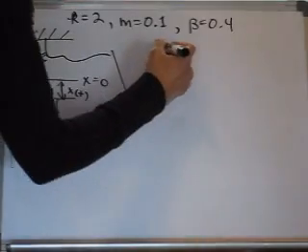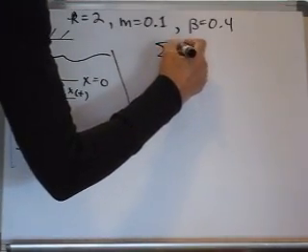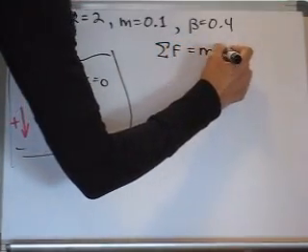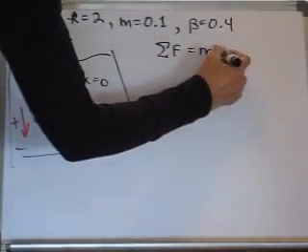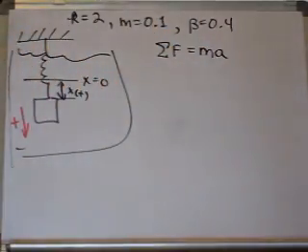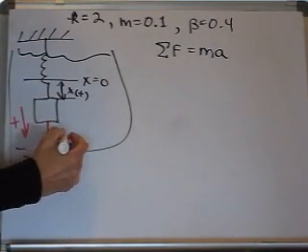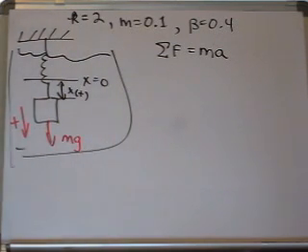If we use Newton's second law, which says the sum of the forces on an object is equal to the mass times the acceleration of the object, we can derive our differential equation that will allow us to find the equation of motion. The forces acting on the mass are gravity acting downward, and the force of gravity is m times g.